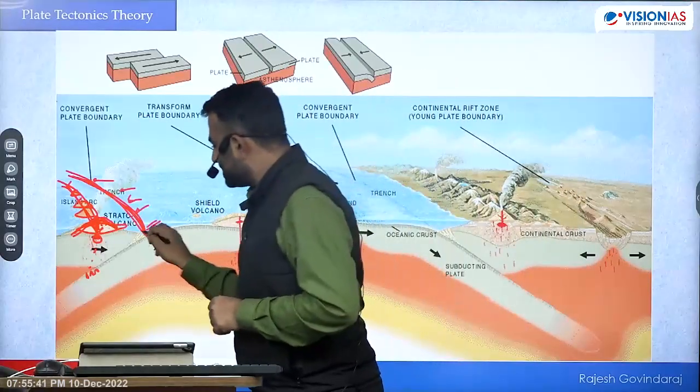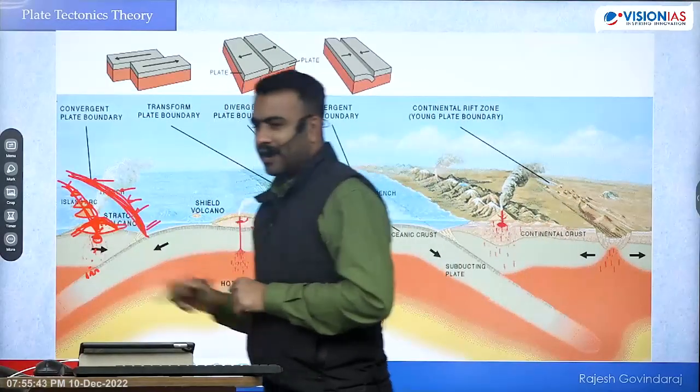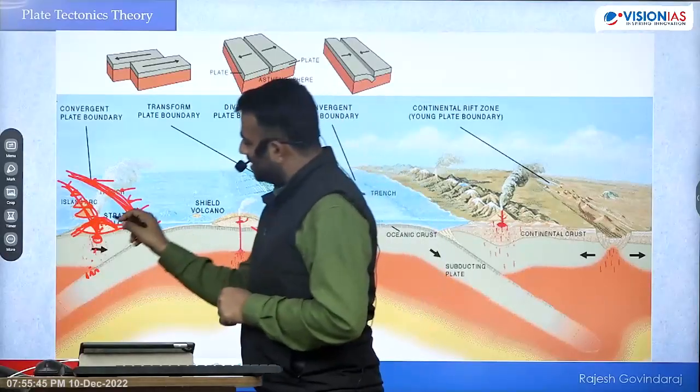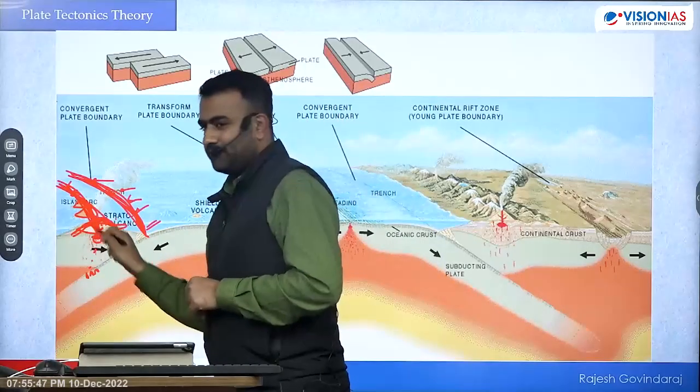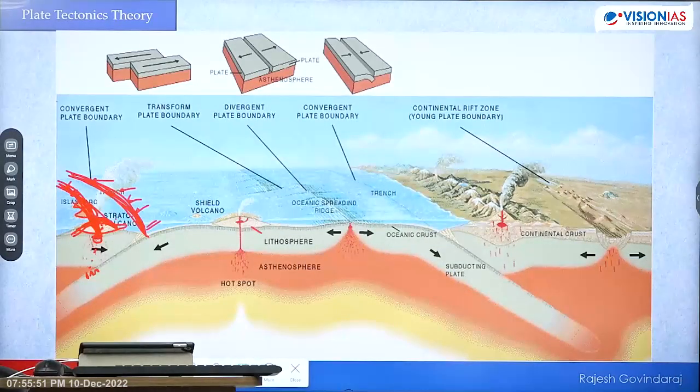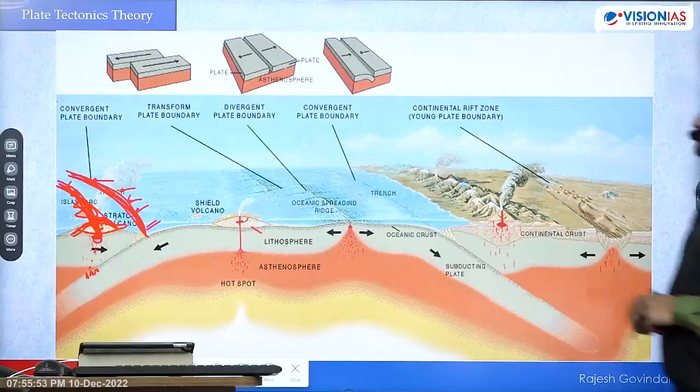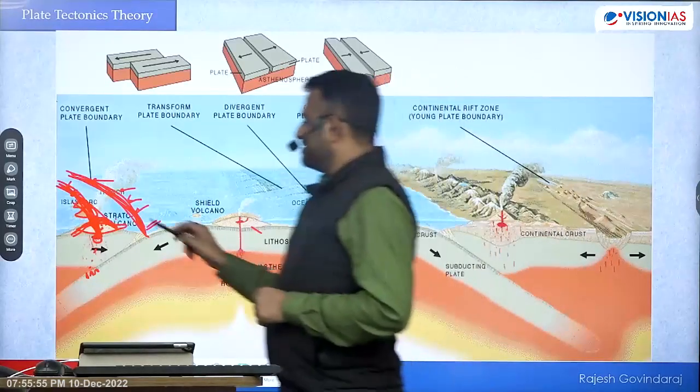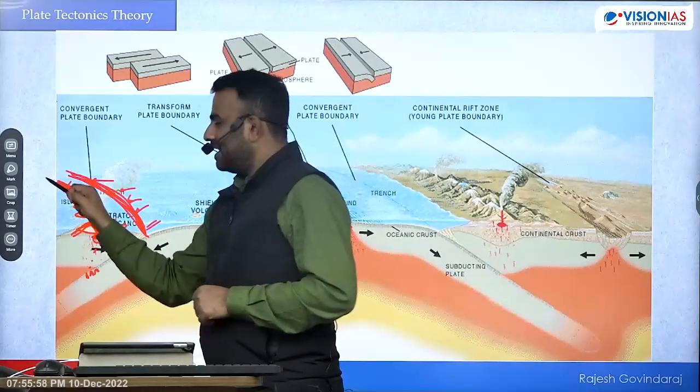So because of this the trench takes arc shape. जैसे ये आर्क शेप है, यहाँ का आइलैंड भी आर्क शेप में आ जाएगा. ठीक है. So because of this we have island arc.